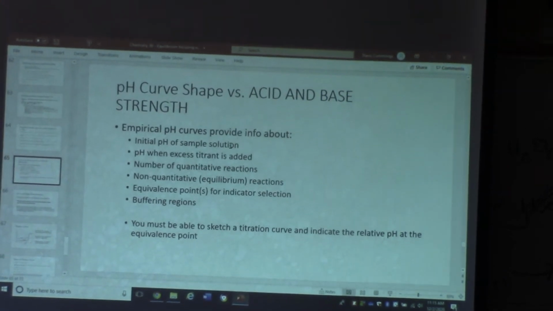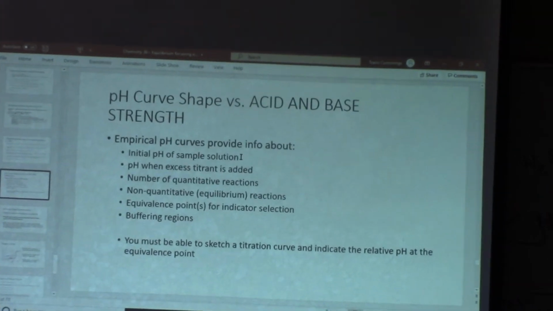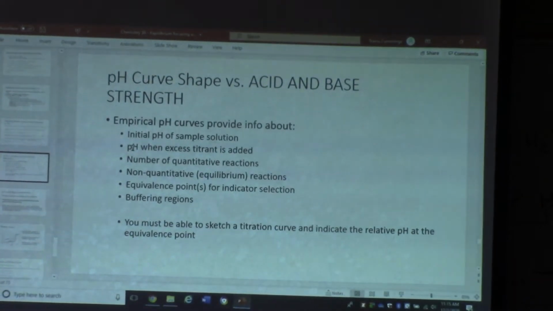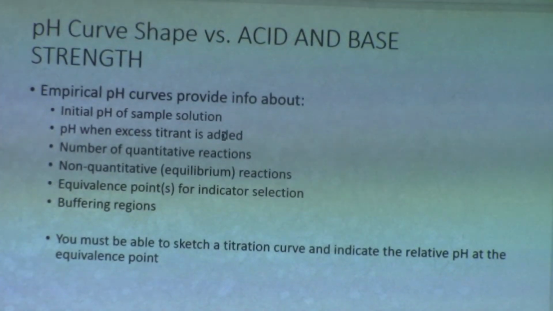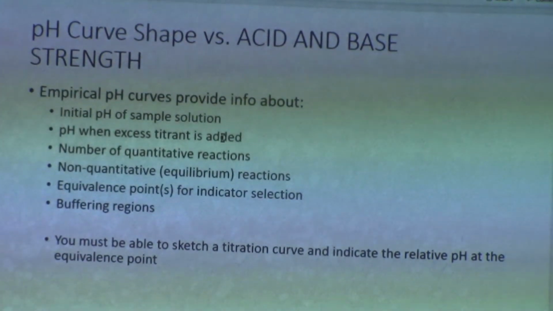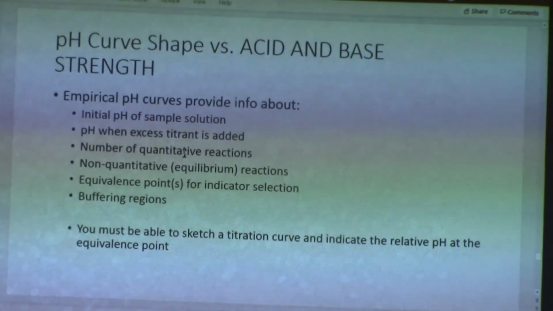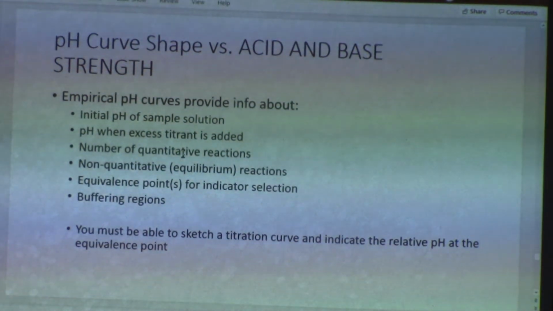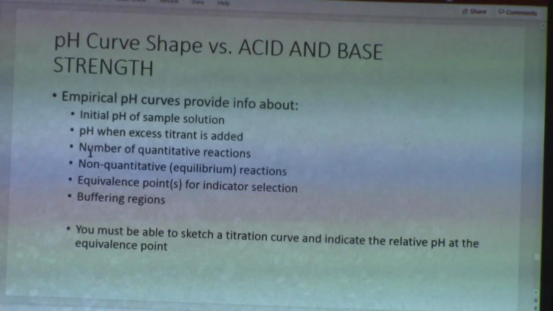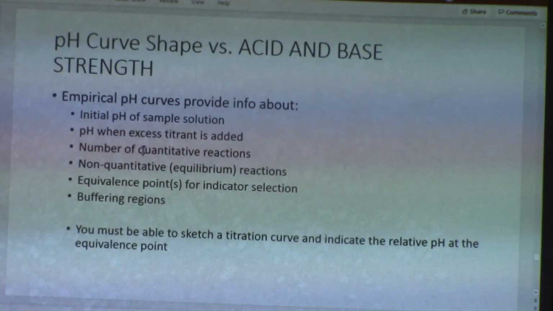They tell us about the initial pH of the sample solution. They tell us the pH when excess titrant is added, so when we overshoot the equivalence. It tells us the number of quantitative reactions. If we have more than one endpoint or equivalence, we will know that we have a polyprotic entity. It tells us about non-quantitative equilibrium reactions.